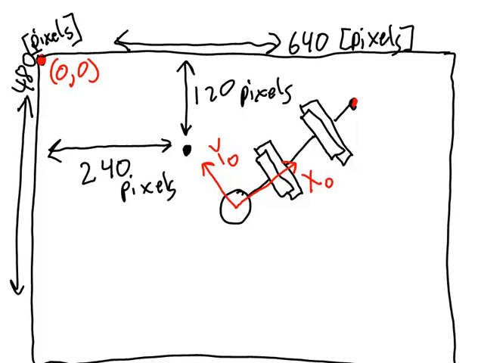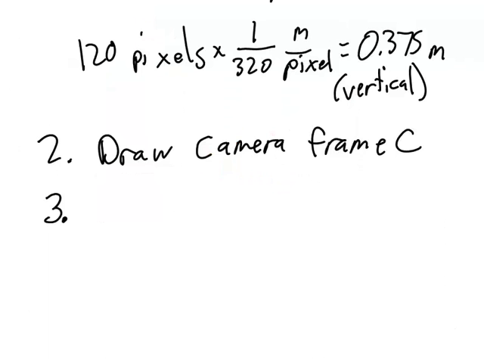I also want to make sure and draw this frame so that it's a right-hand frame, and I'd like Z to be coming out of the page. So, because of that, I'm going to draw the X axis for the camera going down, and I'll draw the Y axis of the camera going off to the right. That will give me a right-hand coordinate system with Z coming out of the page. And now I'm done with step 2.